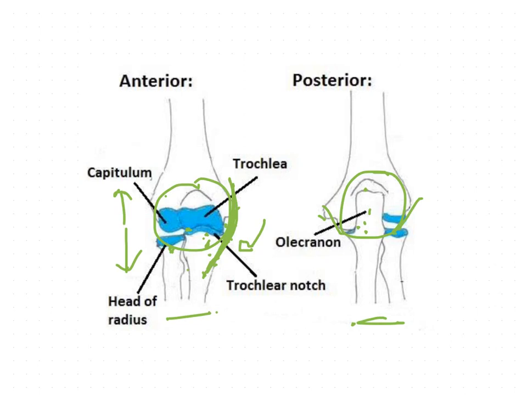The anterior joint capsule contributes only slightly to varus and valgus stability and provides little resistance to distraction when the elbow is flexed.